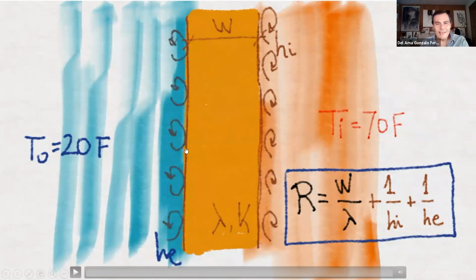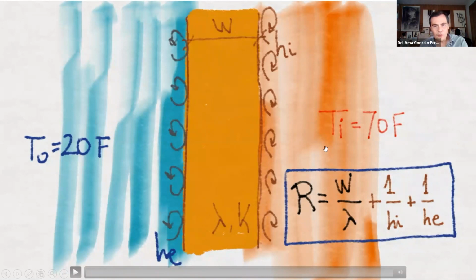But at the end, we have like 3 layers. We have the solid layer, we know that, but we have 2 thin air layers here and there, outdoors and indoors. So that creates the first thermal resistance.